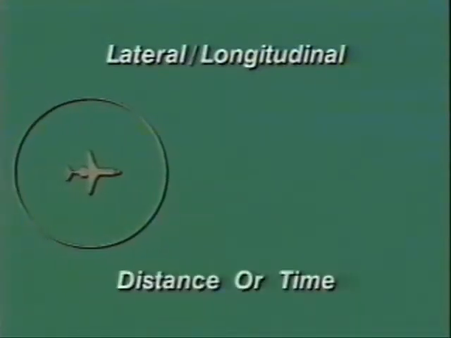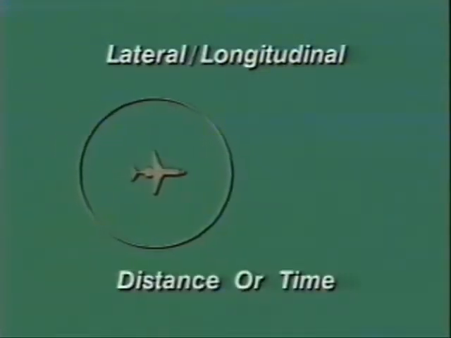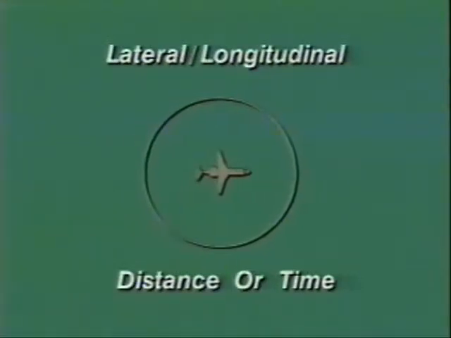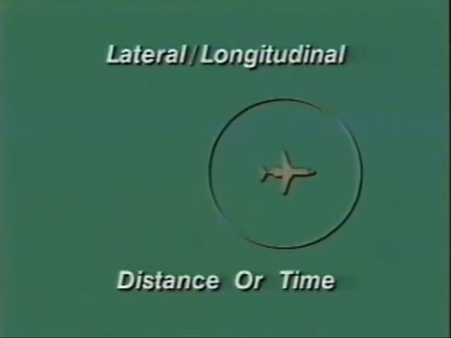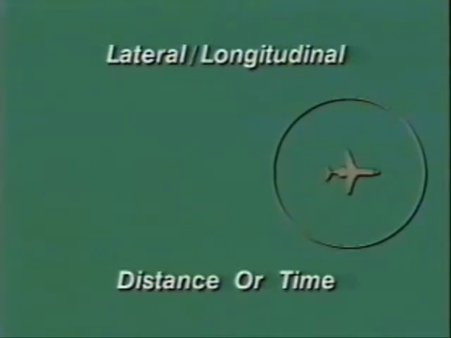Non-radar separation is the spacing of aircraft in accordance with established non-radar minima when aircraft position information is derived from information on the flight progress strips. Lateral and longitudinal non-radar separation is maintained as distance or time. The distance or time minima vary depending on a number of factors, one of which is the type of equipment on board the aircraft.